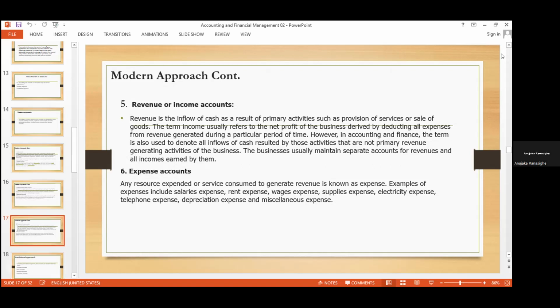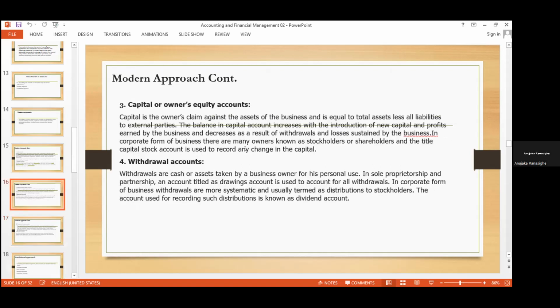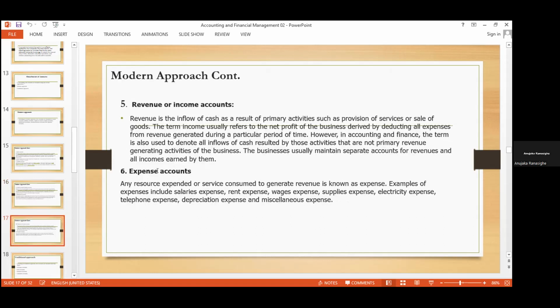Expense accounts. Same. All the expenses incurred by the company enter to this account.